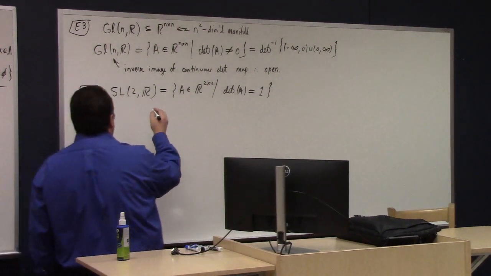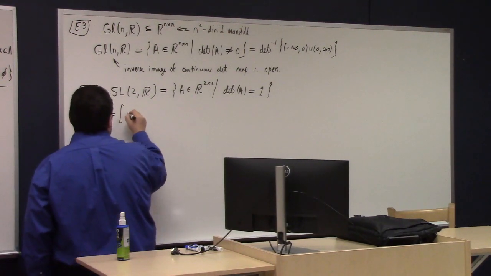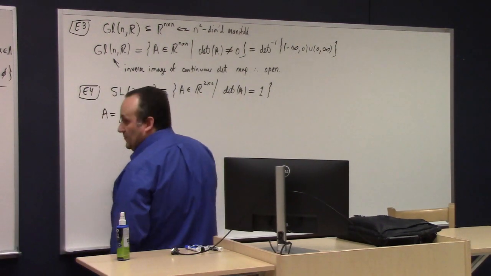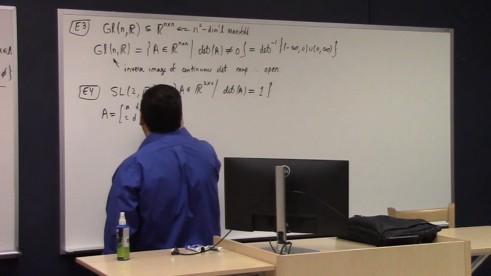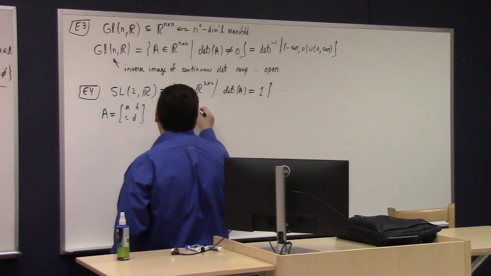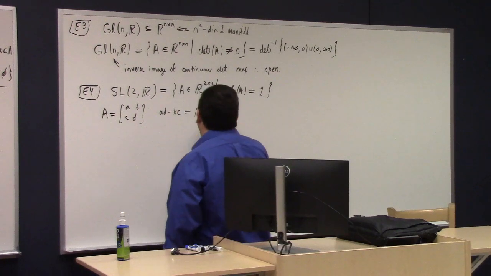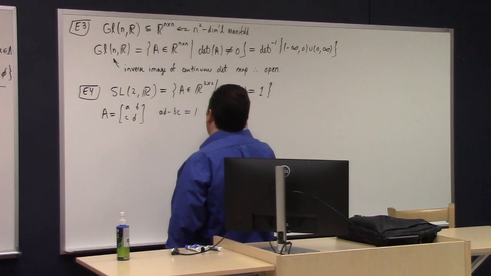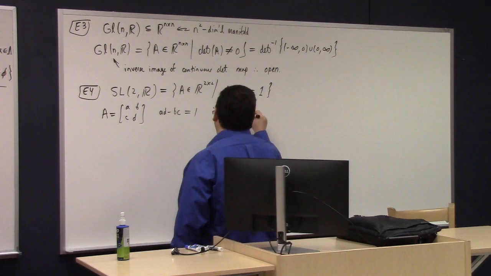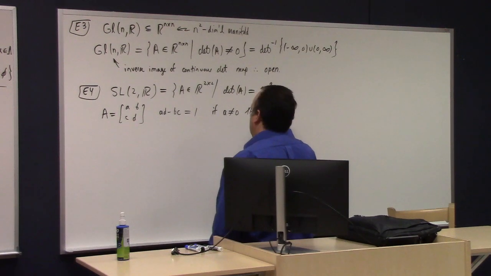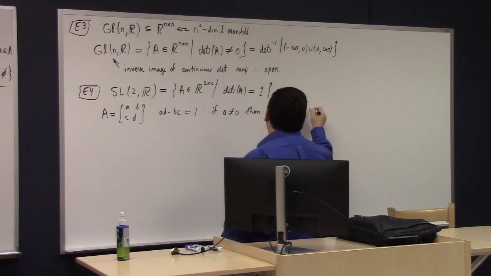So if we think about A equal to (A, B, C, D), right? Those are real numbers. And what do we know? We know that AD minus BC has to be equal to 1. Right? So let's say if A is not equal to 0, then apparently we get AD is equal to 1 plus BC.